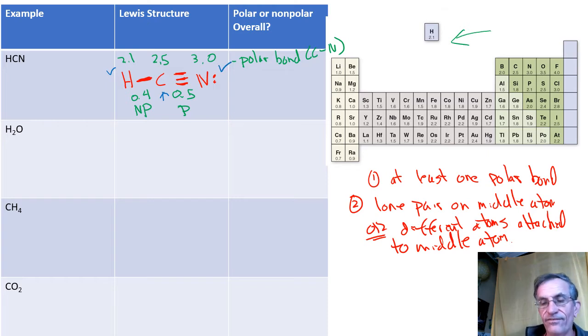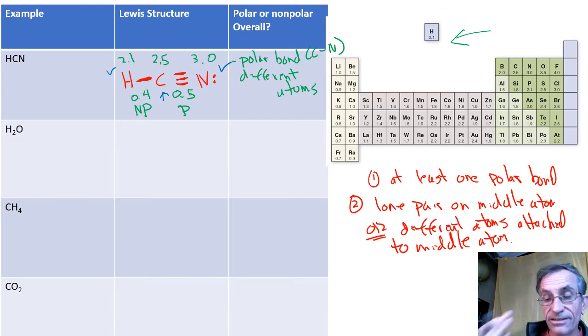That's what I mean by different atoms. So we found a polar bond, and we found different atoms attached to the middle atom. That means this molecule is polar overall.